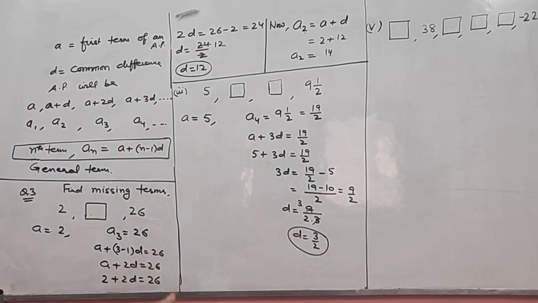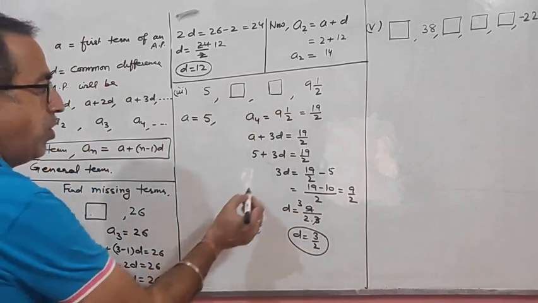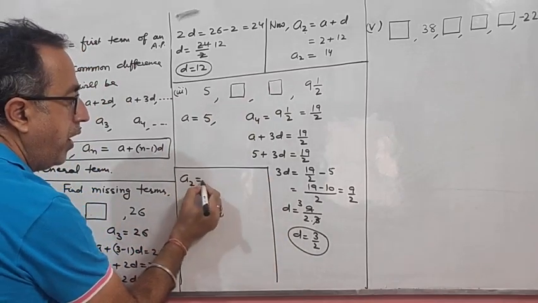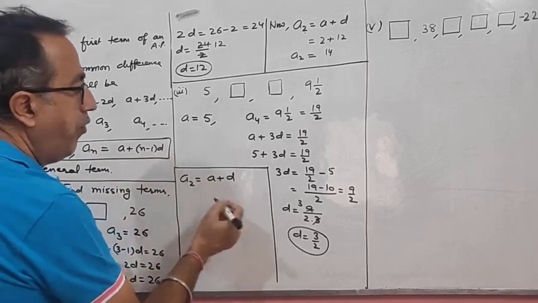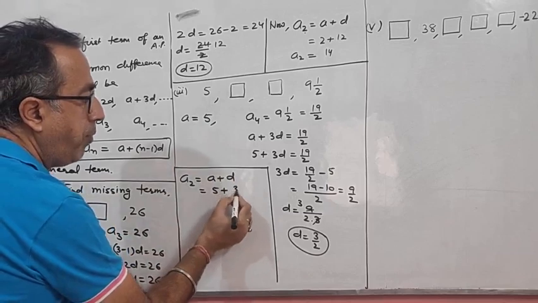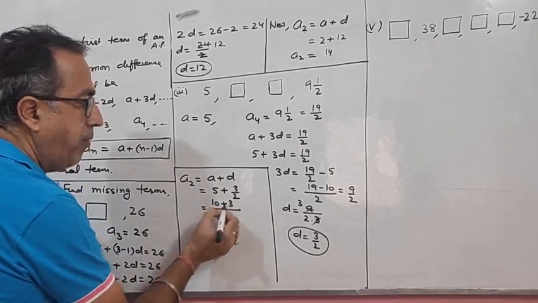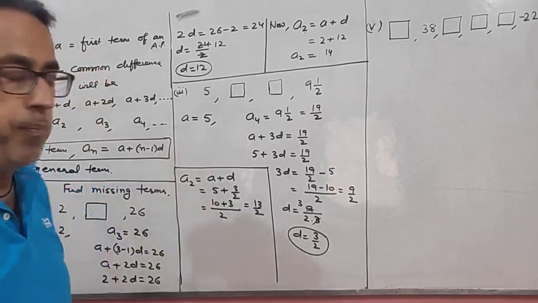Now come to the missing terms. The second and third terms were missing. Using the formula, the second term is A plus D. So put the value of A and D. 5 plus 3 by 2. LCM is 2. 10 plus 3. It is 13 by 2. This is the second term.